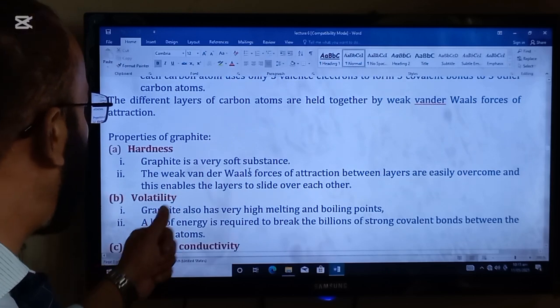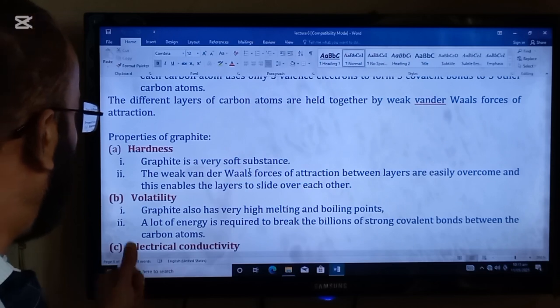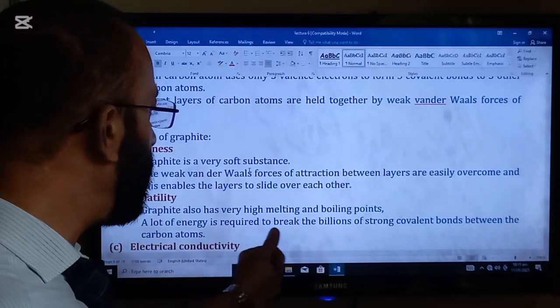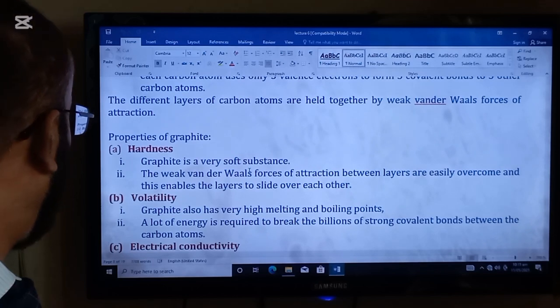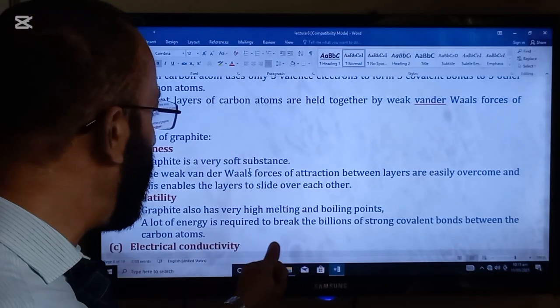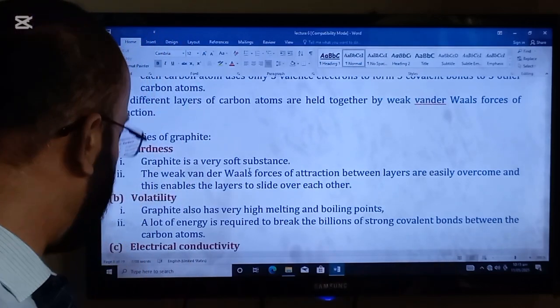Next property of graphite, volatility. Graphite also has very high melting and boiling points. A lot of energy is required to break the billions of strong covalent bonds between the carbon atoms.